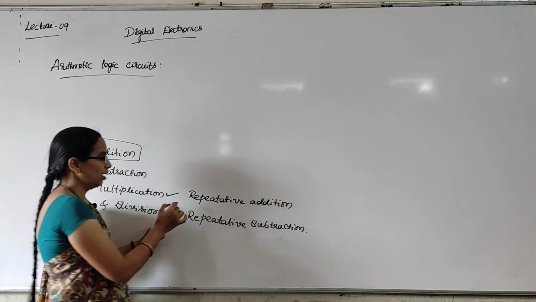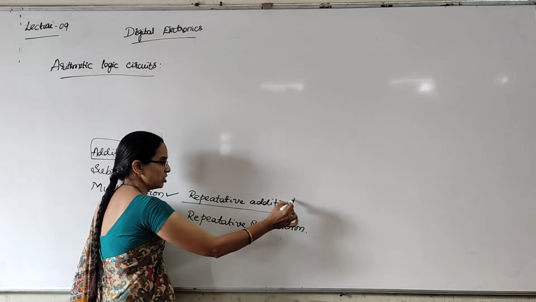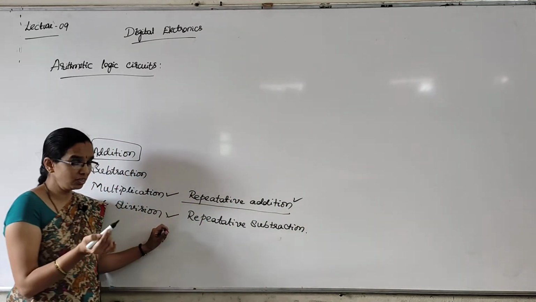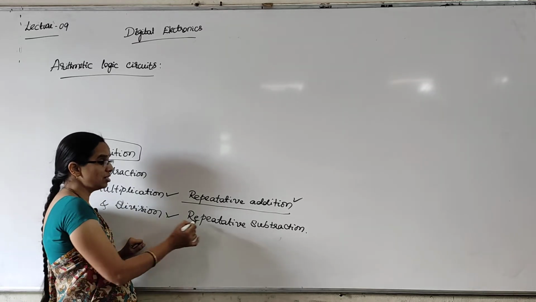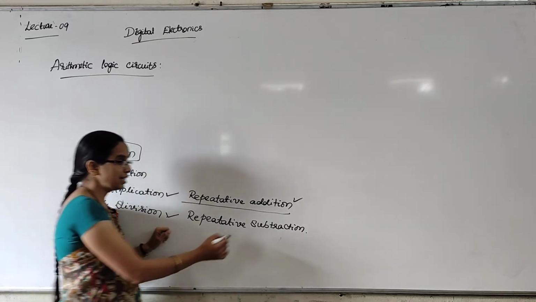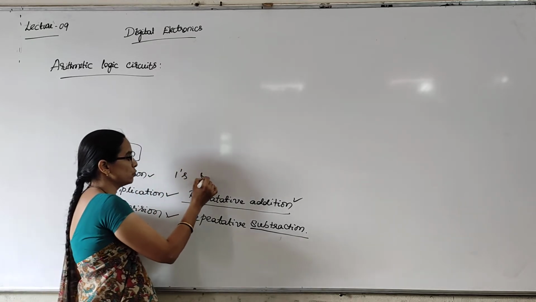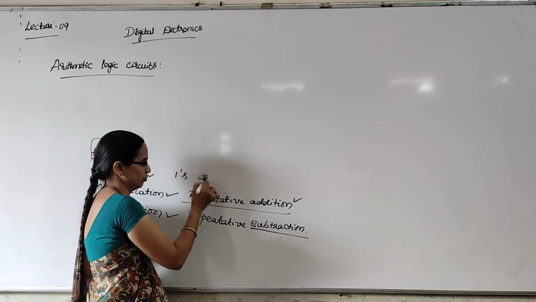So digital systems can use addition for multiplication, and division is repetitive subtraction, and the subtraction is performed by using the ones and twos complement method of subtraction.